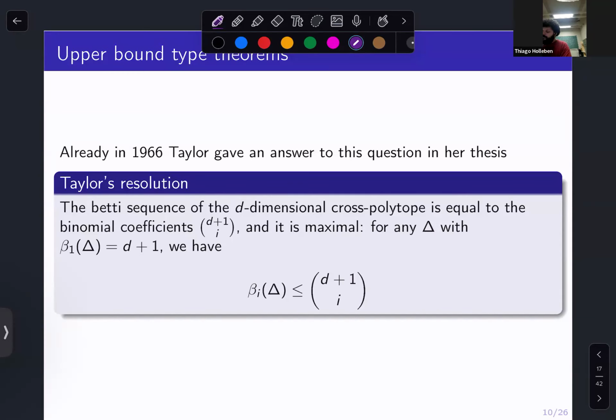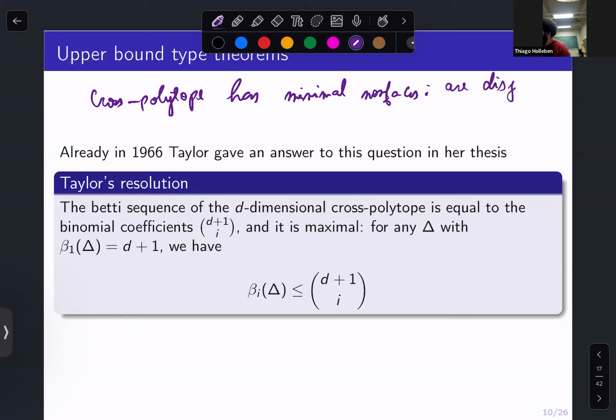What she showed, one version of what she showed, is the betti sequence of the d-dimensional cross polytope. The cross polytope has minimal non-faces that are disjoint edges.